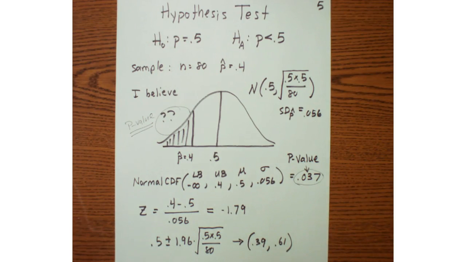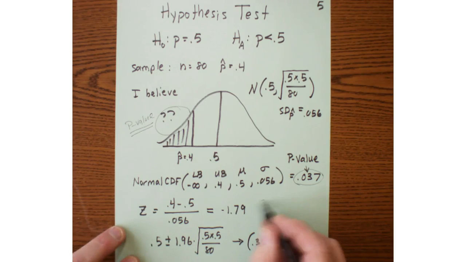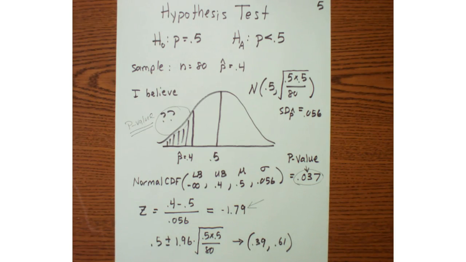Looking at this a couple of other ways, I can compute a z-score. That doesn't seem like a very large z-score, but it's closer to -2 than it is to -1. So it does provide us a little bit of evidence that maybe our sample is unusual or out of the ordinary.